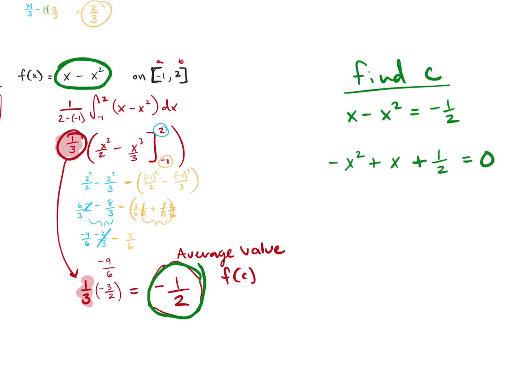I was really hoping that I'd get lucky and the numbers that I just made up would factor, but it doesn't always work that way. Here, because I don't love fractions, I'm going to multiply everything by 2 just to get rid of the fractions. So that gets a negative 2x squared plus 2x plus 1 equals 0.